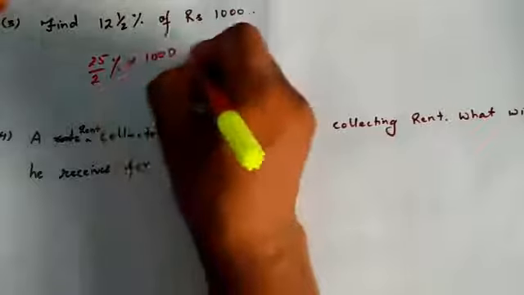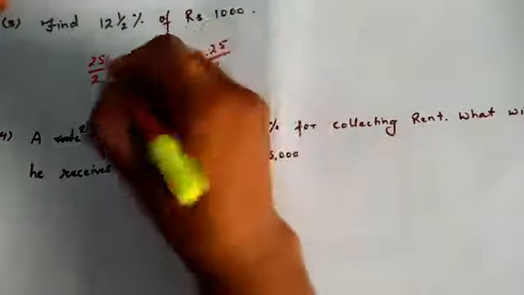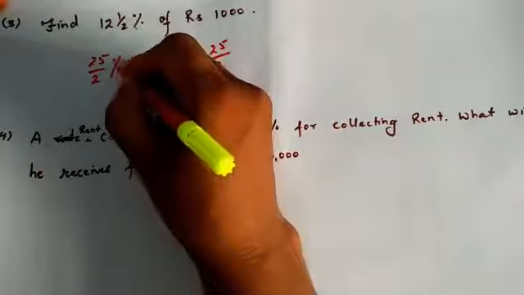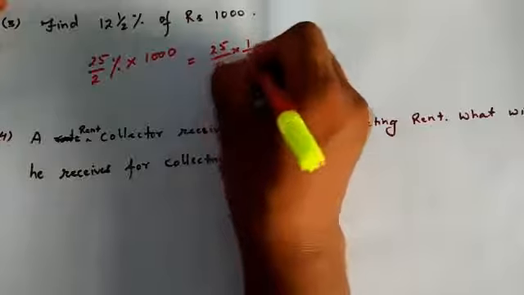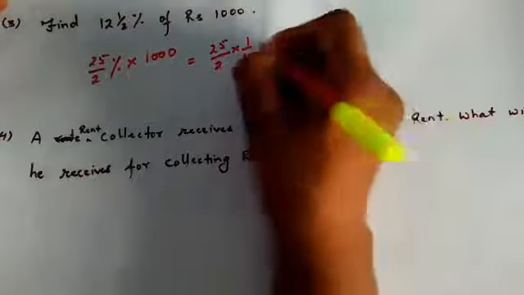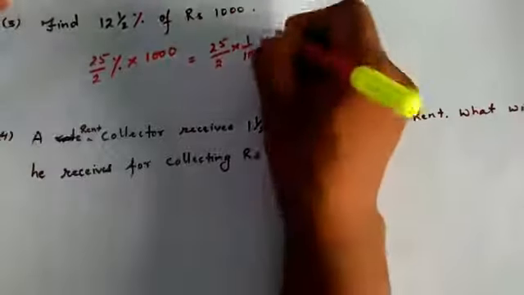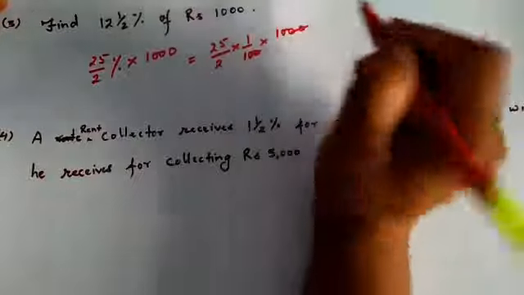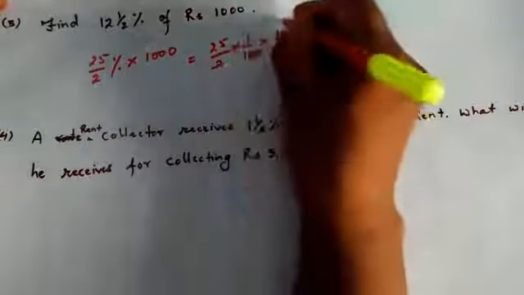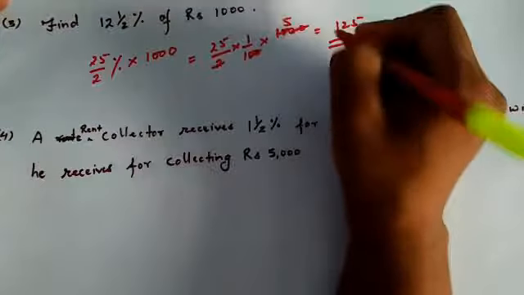As I told you, if we have to convert a percentage into fraction, we have to divide it with 100. I'm just dividing with 1 by 100. Otherwise you can write 200. So numerator and denominator cancel by 2, that is 5, so 125 is the required answer.